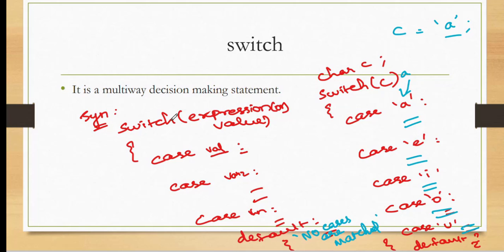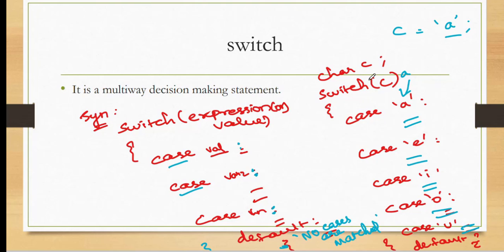So the syntax is switch, expression or value, inside parentheses, then case value 1, case value 2, up to case value n, and default. This is a colon, this is also a keyword, and this is also a keyword.